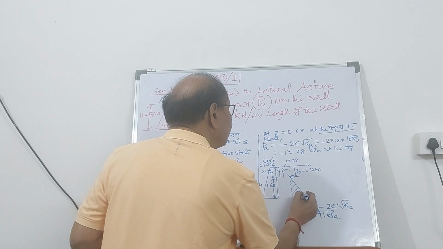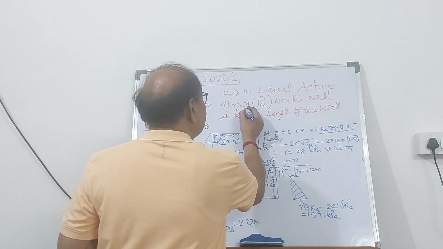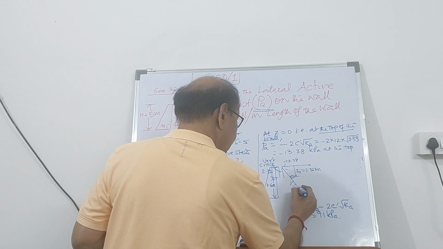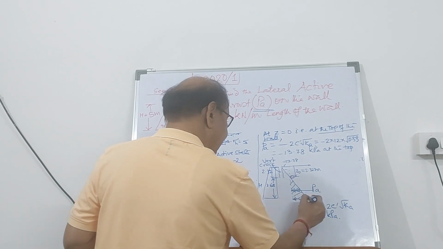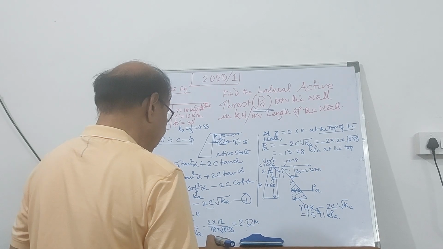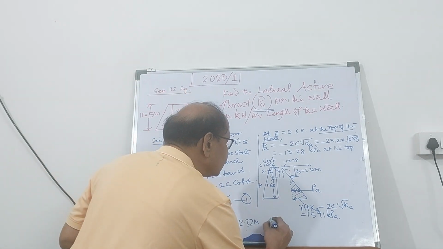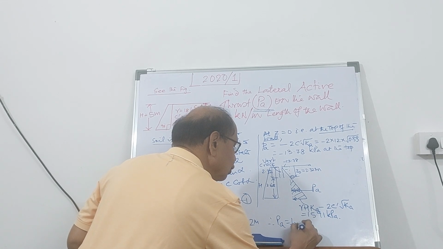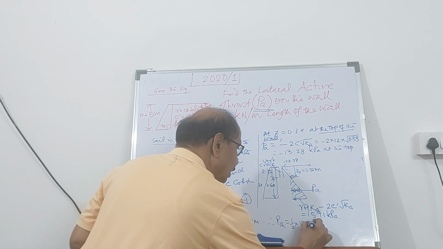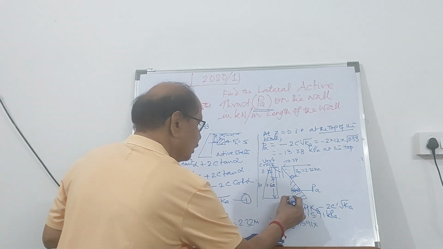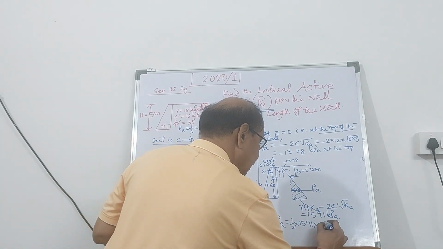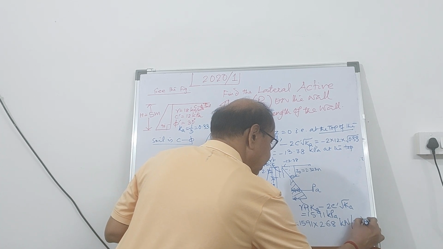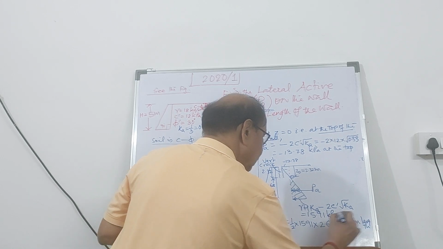So for finding out PA, the active thrust will be the area of this pressure distribution diagram. Therefore, it is very simple. The active earth pressure will be half into base, that is 15.91, into the height, which is 2.68, kilonewton per meter length of the wall.